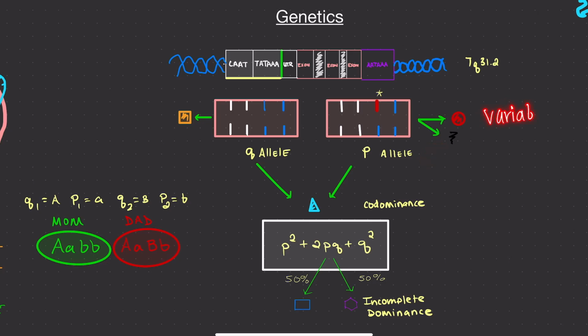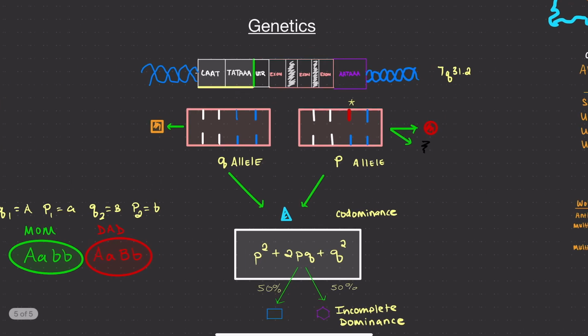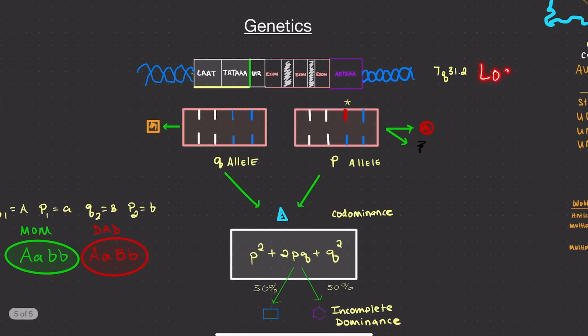So you have a red circle and a black squiggly line, and we call this variable expressivity, because a single allele can have different phenotypes, different traits that manifest. In addition, I forgot to mention, but there is something called a locus. We use this term to represent where in the DNA, where in our cells, this gene is typically residing.